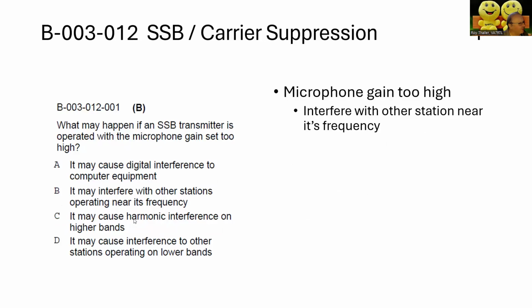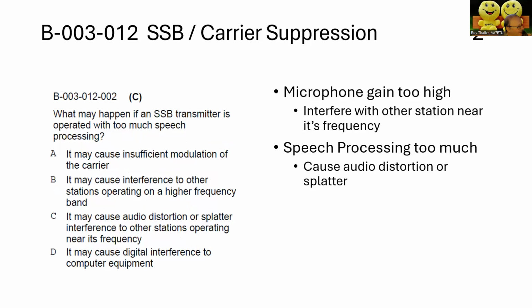Now we get on to single sideband. So what may happen if a single sideband transmitter is operated with the microphone gain set too high? So here what happens is the signal becomes wider and you may interfere with other stations operating near its frequency.